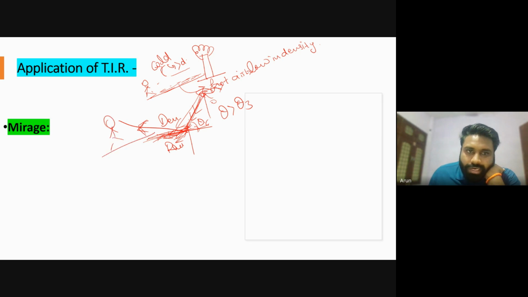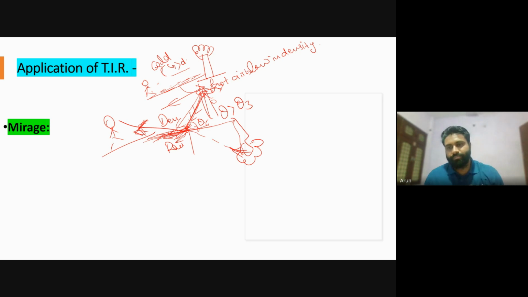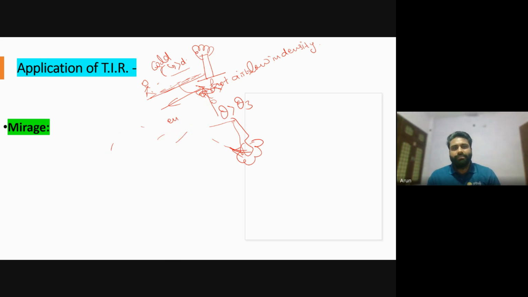So here you are. This ray would not appear to you as coming from this tall object. It appears to you as coming from the bottom. So you will see the image of this tree inverted. Got it? So this is the mirage.